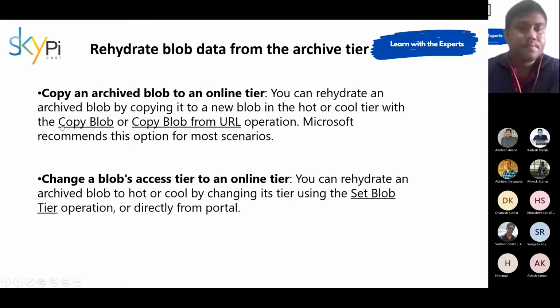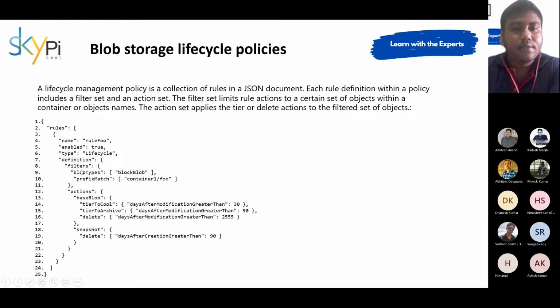Inside definition, we have actions and filters. The filters say which blob or container this rule has to be applied to, and the action is what has to be taken if it matches.